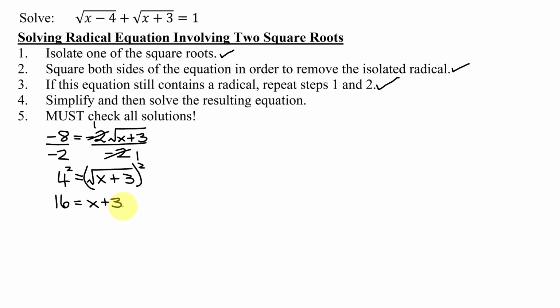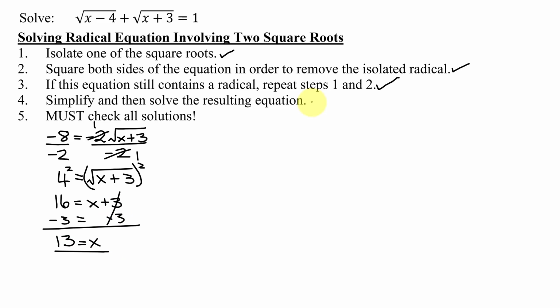Well, this is a simple linear equation. All I have to do is subtract 3 from both sides. And I get 16 minus 3 is 13 equals x, and then 3 minus 3 is 0.